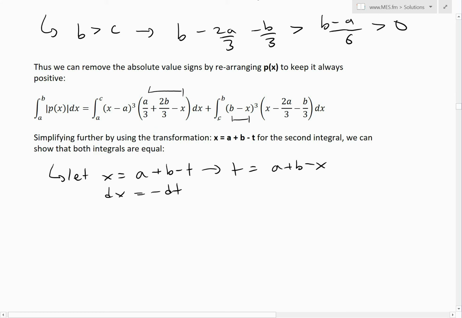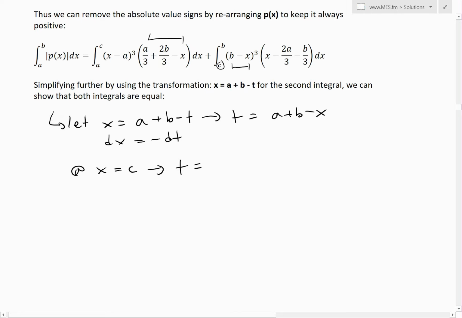And at x equals c, let's write this neater. At x equals c, we have t is equal to a plus b minus c, and this c is, I'll just save time, a plus b over 2, that's our c.